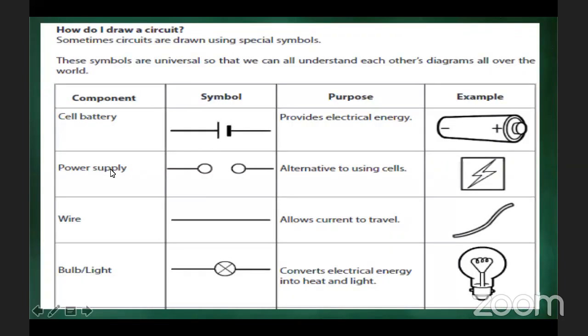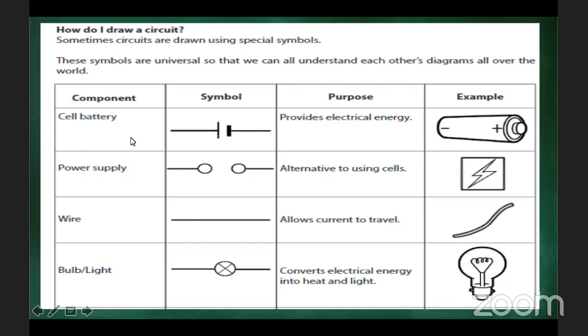Let's move on. These are components of how to draw your own circuit. Please use these components or drawings in order for you to fully understand the functioning of a circuit.